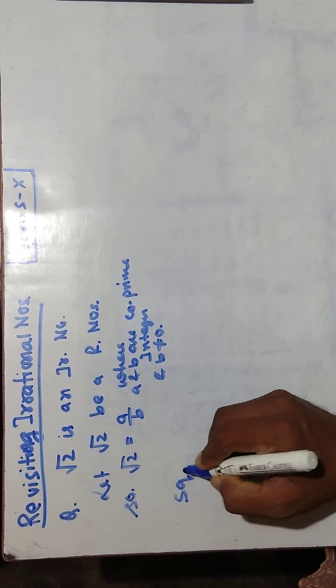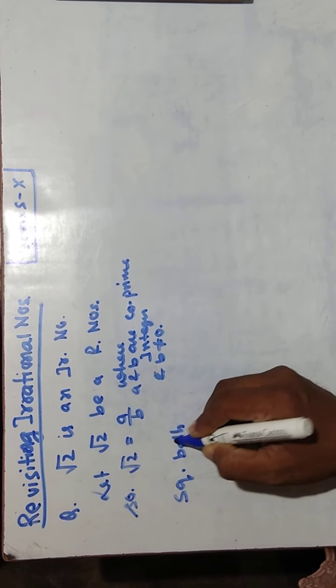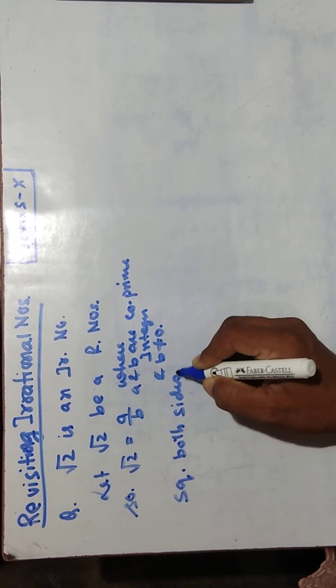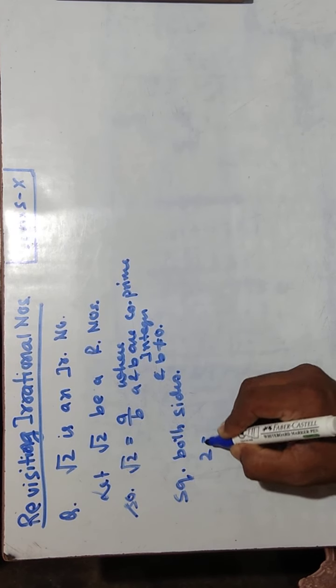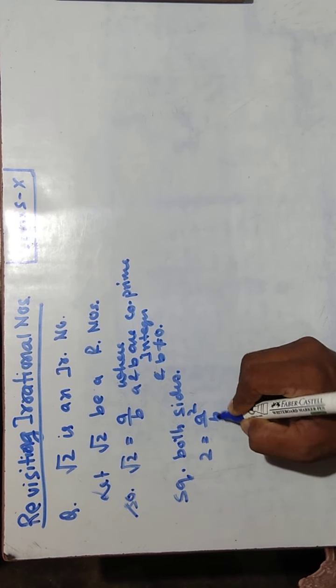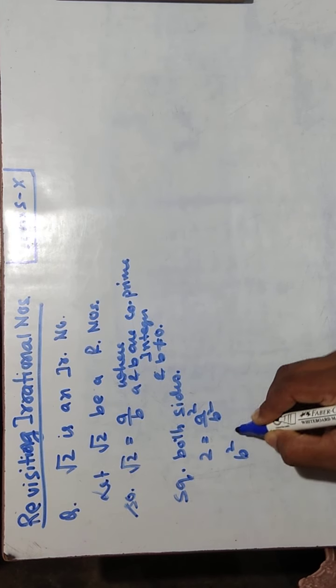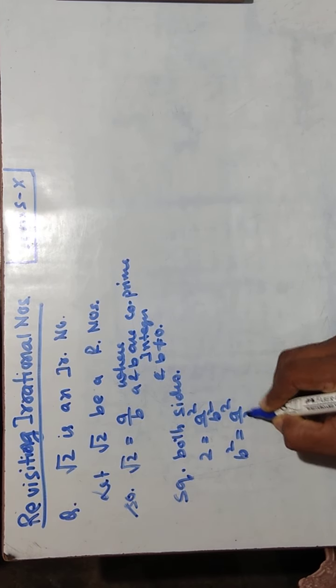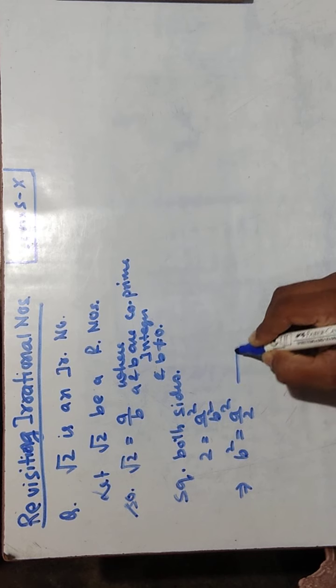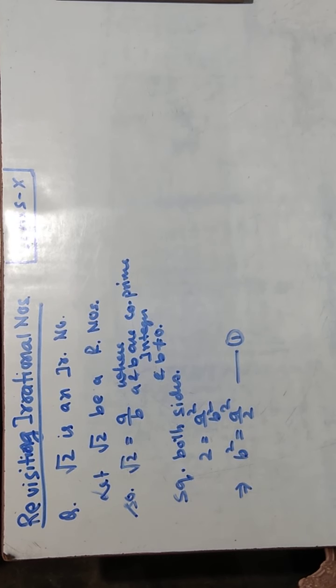Now squaring both sides, what do we get? 2 equals a square by b square, or we get b square equal to a square by 2. Mark it as the first equation: b square equals a square by 2.